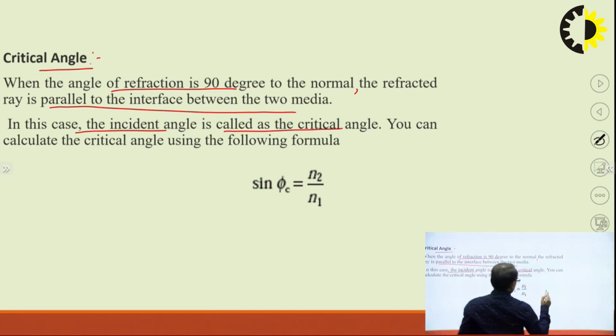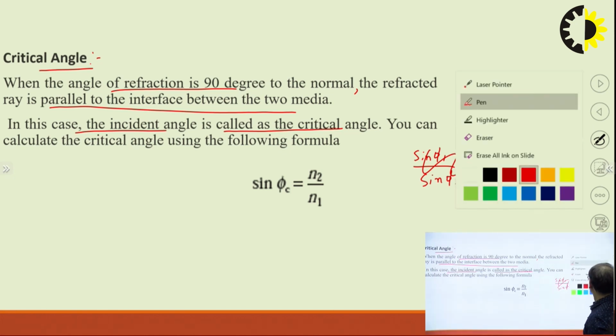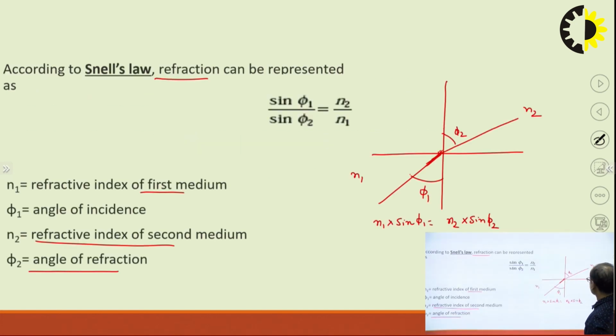So using Snell's law, let me erase this. According to Snell's law, n1 into sin phi 1 equals n2 into sin phi 2.